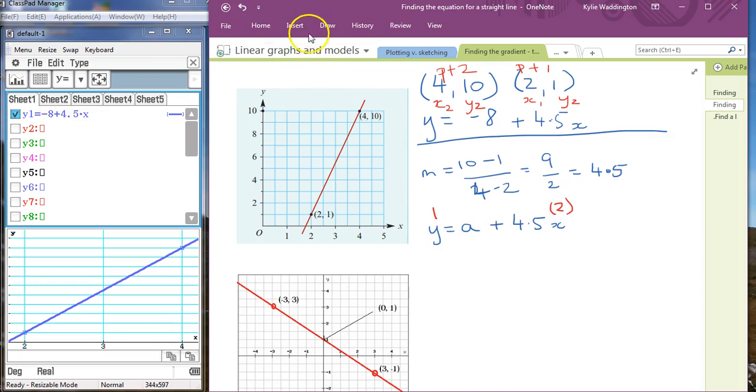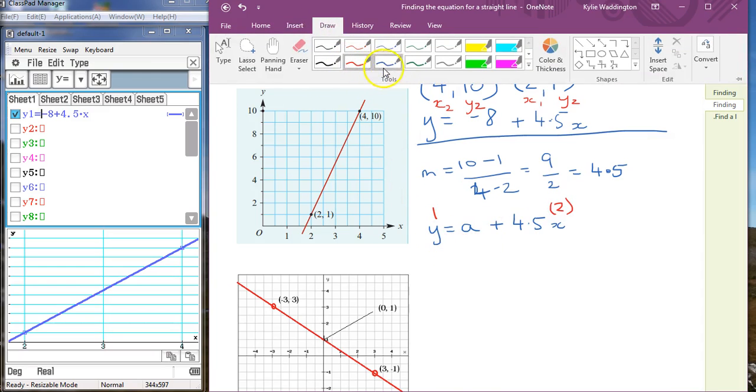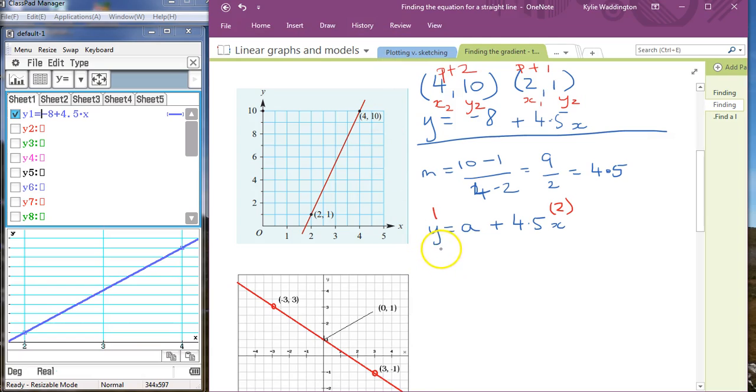So we end up with the equation 1 equals a plus 4.5 times 2, which gives us the equation 1 equals a plus 9.